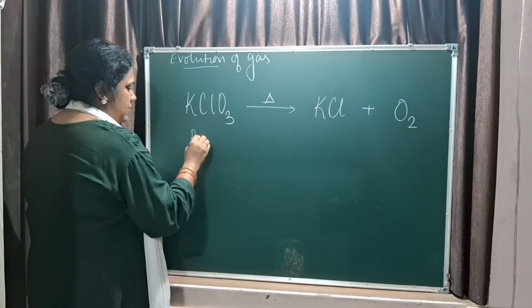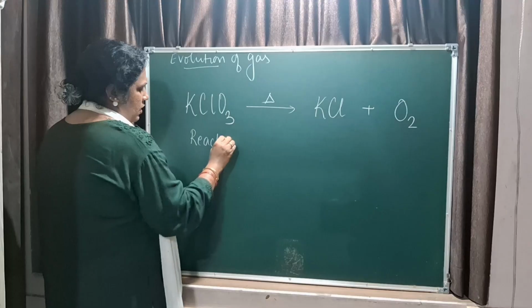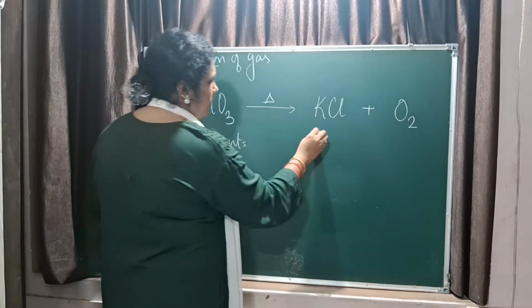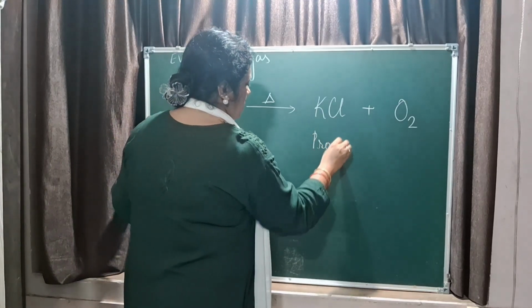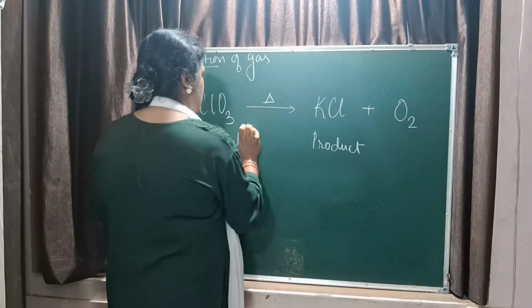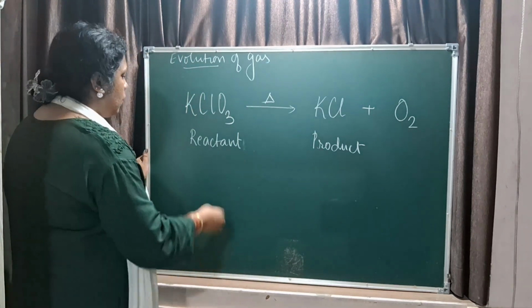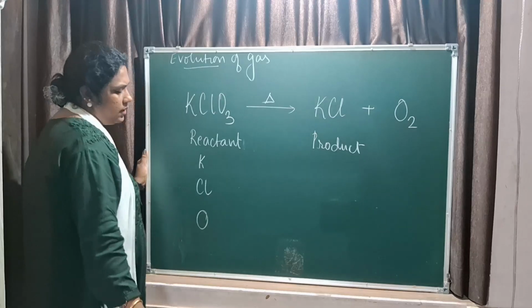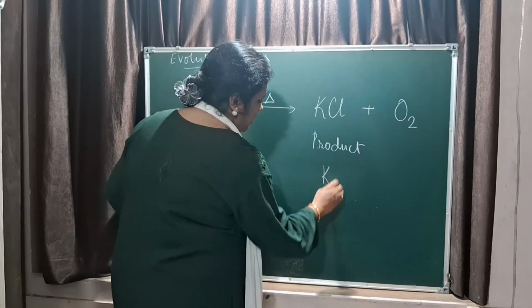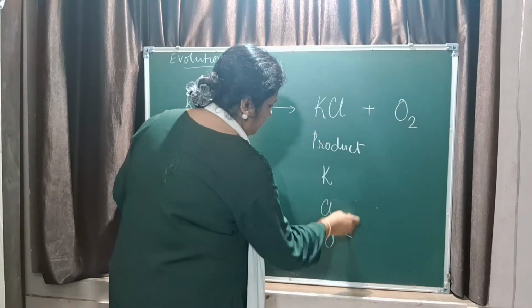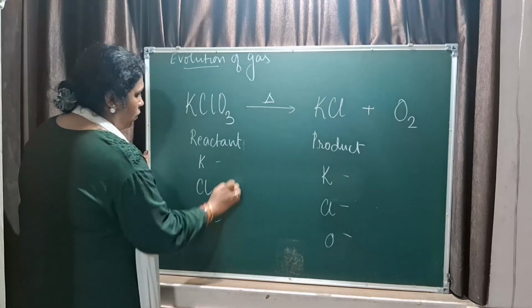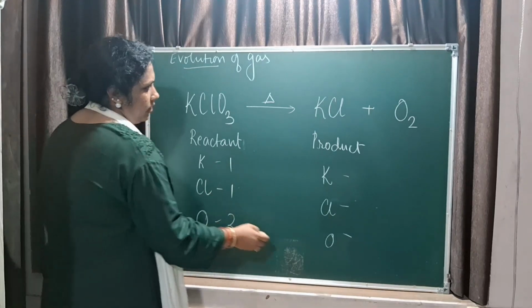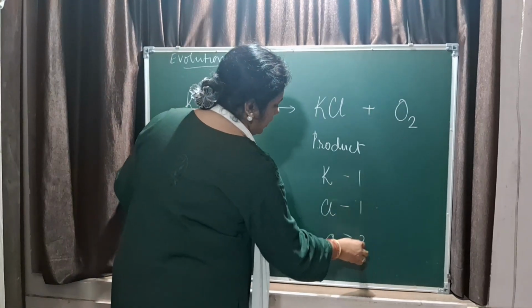My reactants and my products. There is only one reactant, it is a decomposition reaction. What atoms does it have? It has K, it has Cl and it has O. Similarly, it also has K, Cl and O. 1, 1 and 3, 1, 1 and 2.